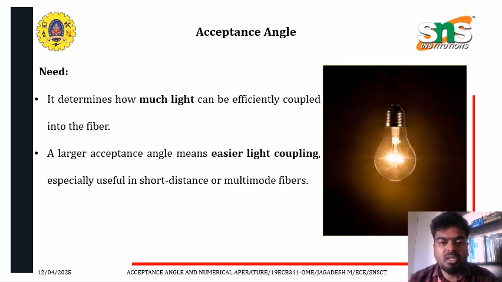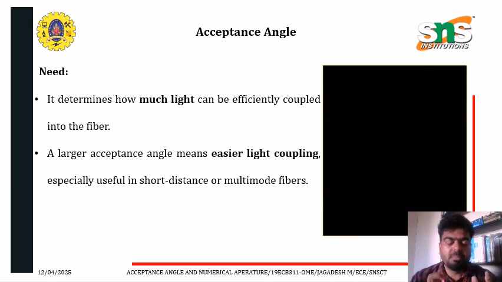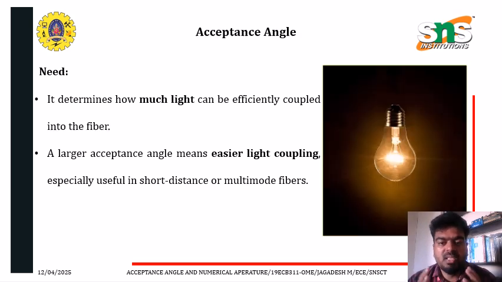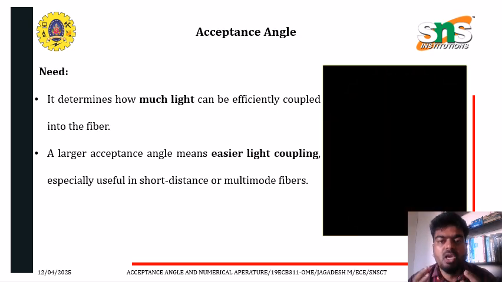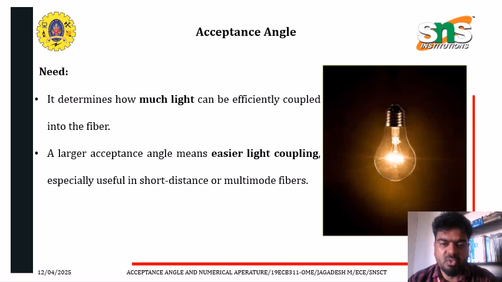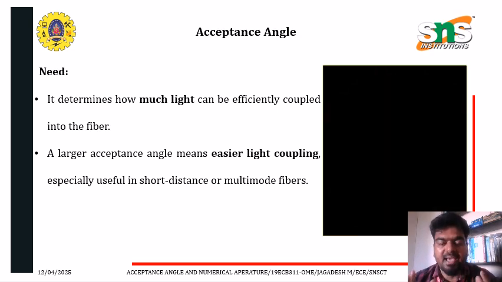Accepting a large area of light means that effective communication will be possible. So this acceptance angle should be considered for short distance communication or multimode fiber communication. This is the importance of why we are going for the acceptance angle in optical fiber communication, right?